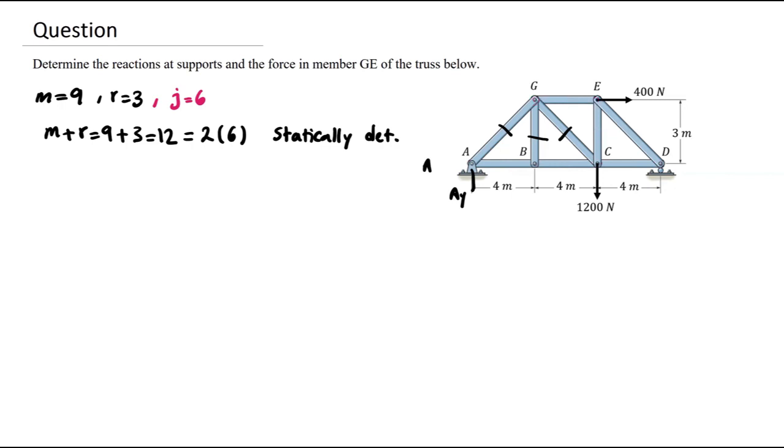The truss is in equilibrium, so I can draw the free body diagram of the entire truss, write down the equilibrium equations, and solve for reactions. This is the free body diagram of the entire truss.